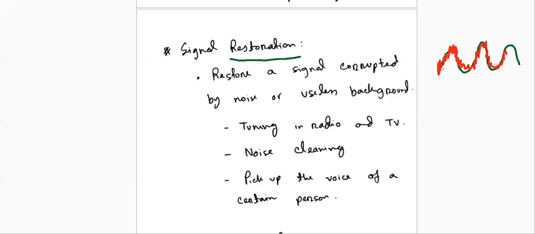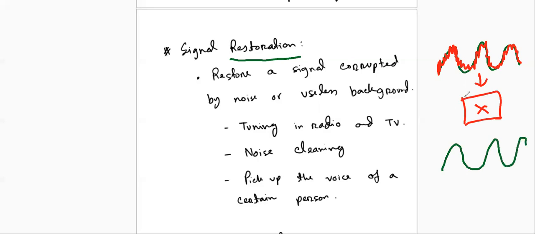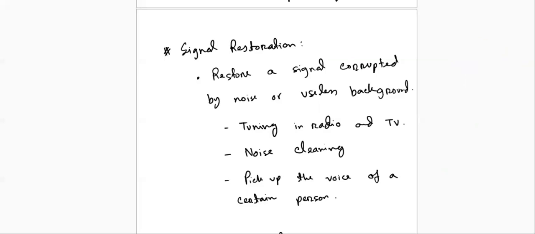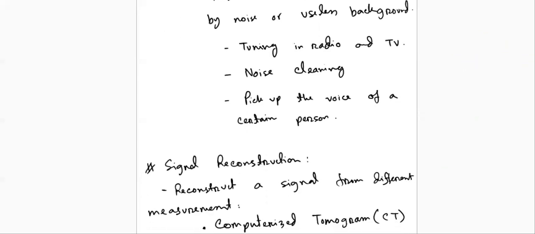Now you put in a filter, and through the filter you get your original signal back. This is called signal restoration. So you are restoring your signal back to the original signal.